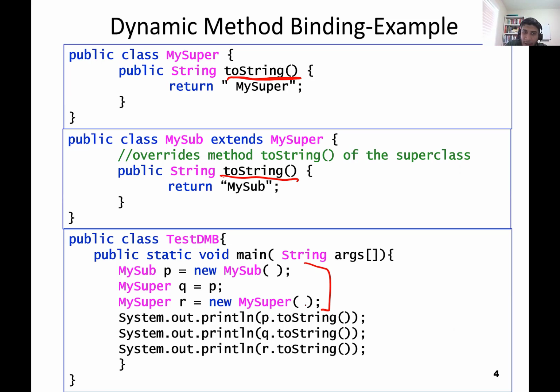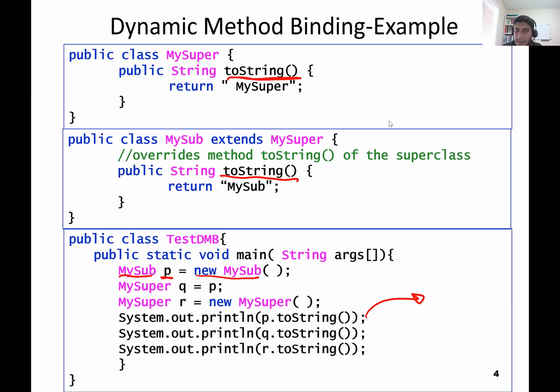For example, I define a reference of type child, my sub, pointing to my sub. Let's take them one by one. If I do p.toString, what do you expect to find as an output? First of all, how do I approach this problem? I should ask myself two questions: what is the object type and what is the reference type? In the case of B, it's really straightforward because the object is of type sub and the reference is of type sub. So what would you expect the first statement to print?